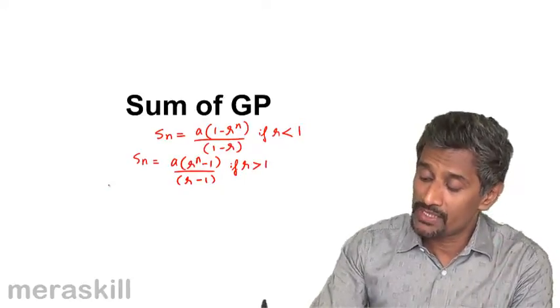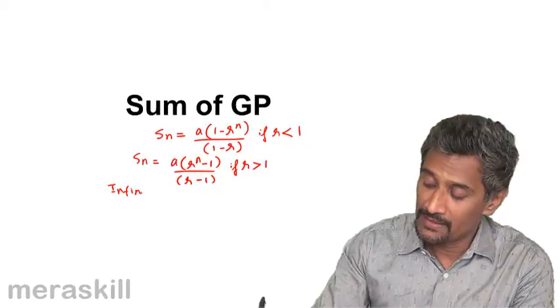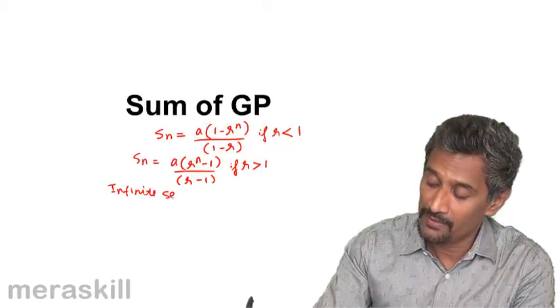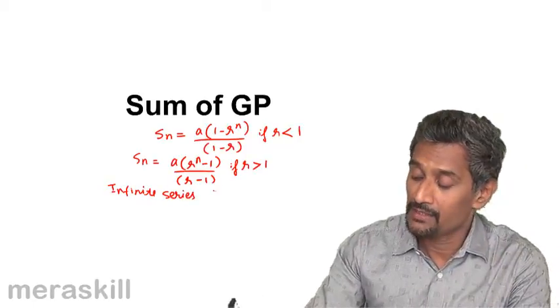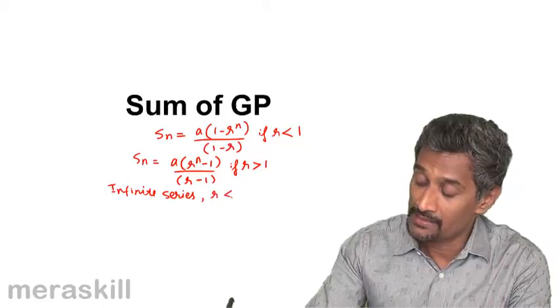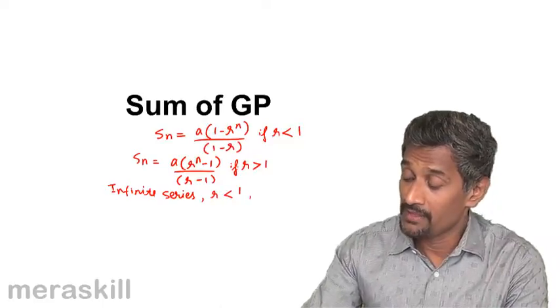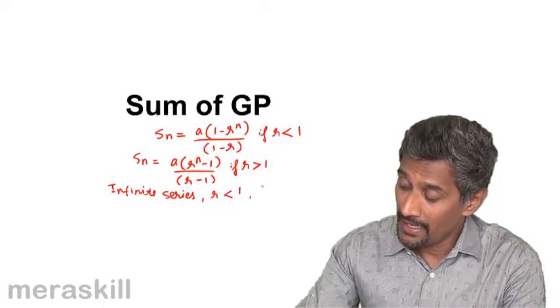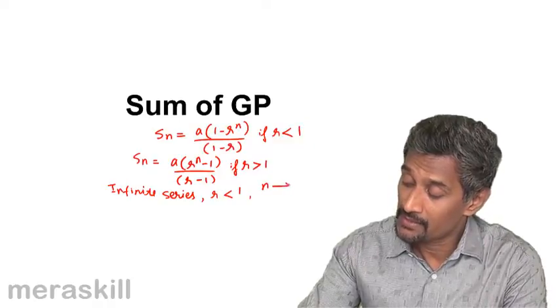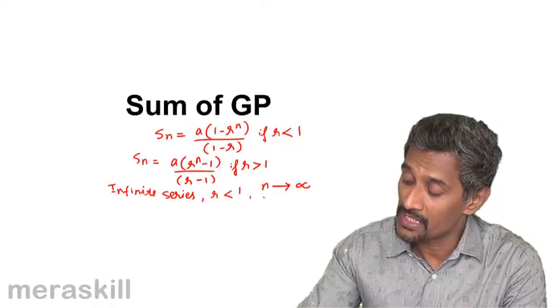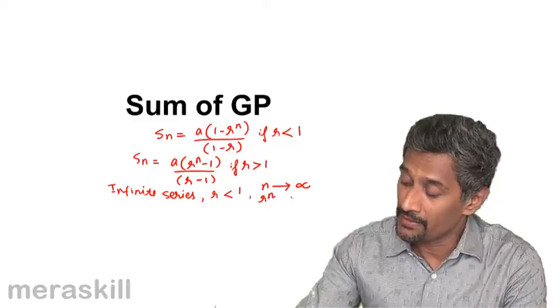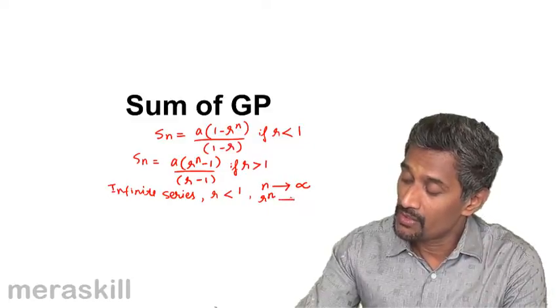And suppose it is an infinite series, that is, we want to find the sum of infinite terms and r is less than 1. That means as n gets closer and closer to infinity, r raised to n in such a case would tend to 0.